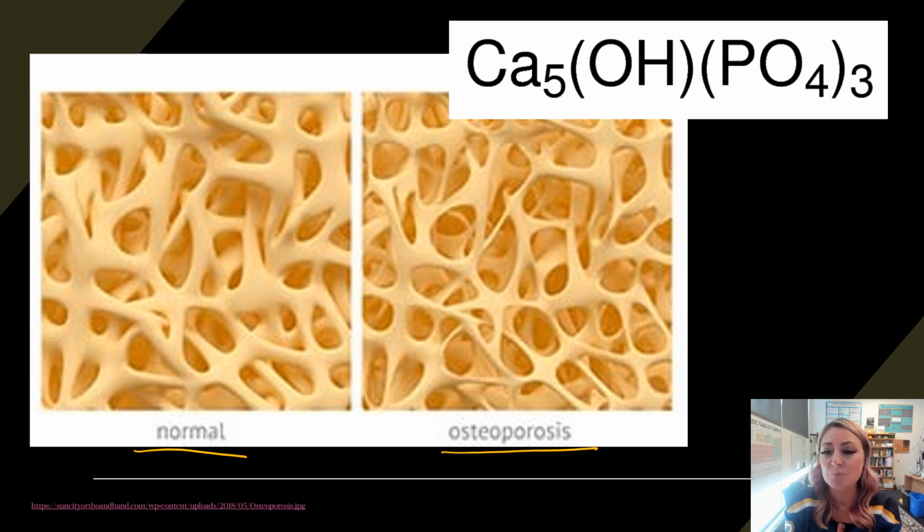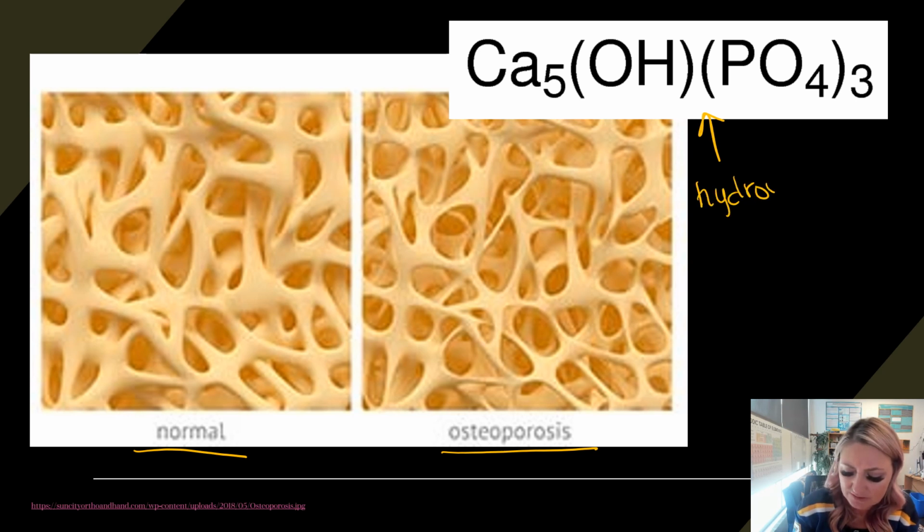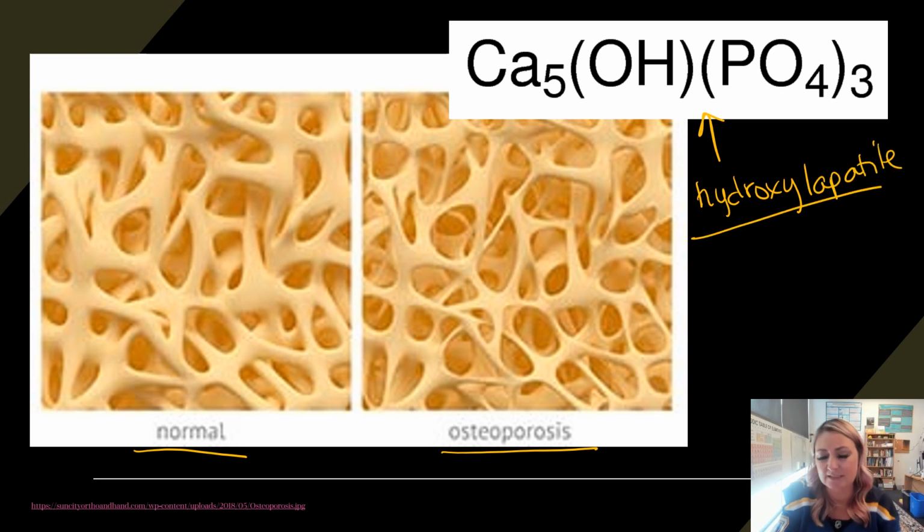Bone is mostly the ionic solid hydroxyapatite, and that is the formula that you're seeing up here. You don't have to have that memorized. This is kind of just an interesting aside. So hydroxyapatite is the ionic solid.